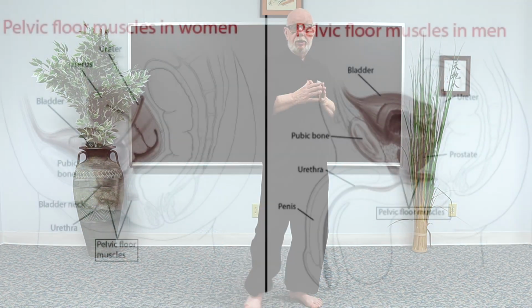And one final exercise, and this is something that's not necessarily Qigong, but it's one of the most important exercises that I think anybody 35 years and up should be doing. And it's called a Kegel. And what you're trying to do is just to strengthen your pelvic floor muscles.